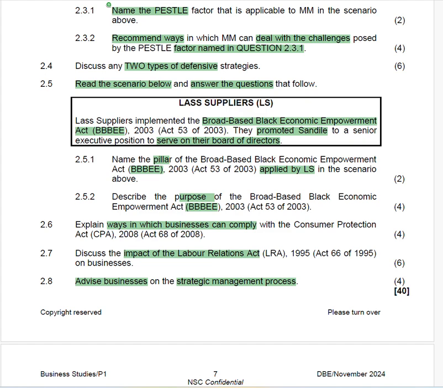The strategic management process is a systematic approach that organizations use to define and implement their strategies to achieve long-term goals. So it involves analyzing the current situation, setting the objectives, and developing strategies, implementing those strategies, and then evaluating and adjusting them based on the performance. Essentially, it's a continuous cycle of planning, execution, and assessment.